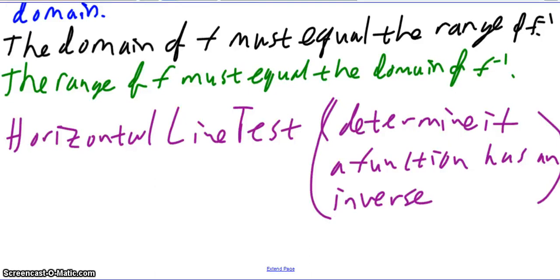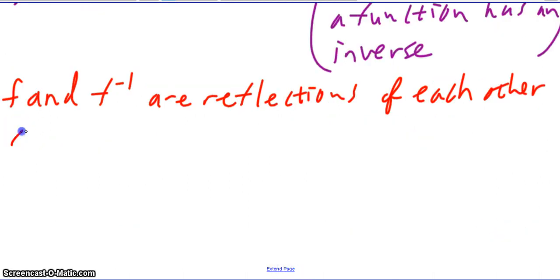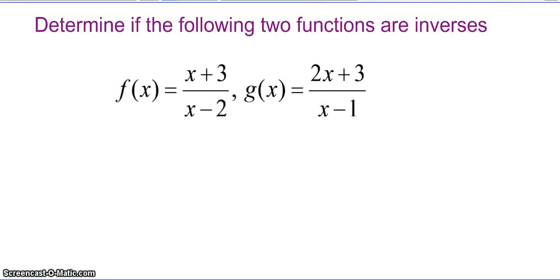So that's a really easy way to graph an inverse of a function if you already have the original, using this reflection property. Okay, so now let's look at an example for analytically determining if two functions are inverses.